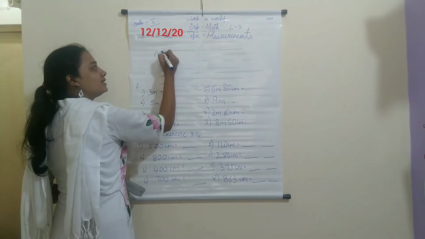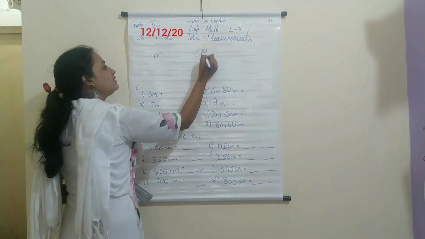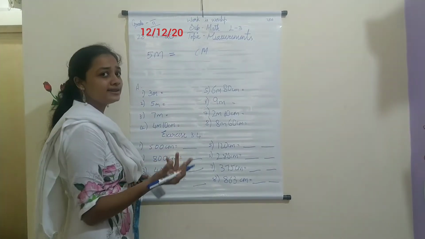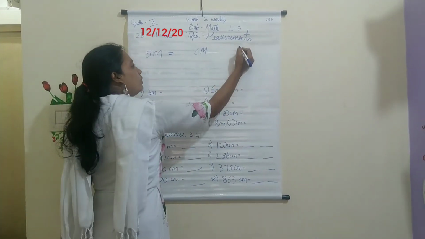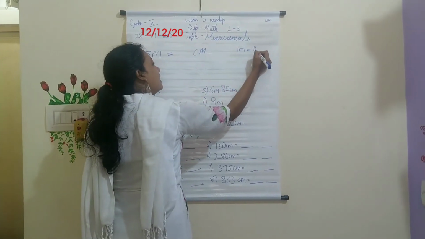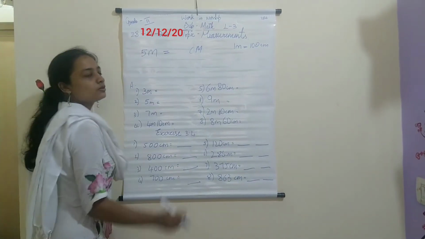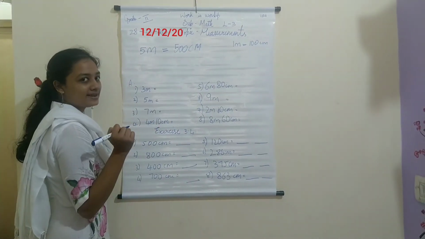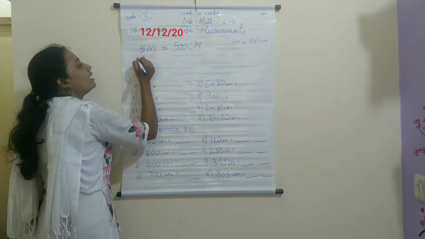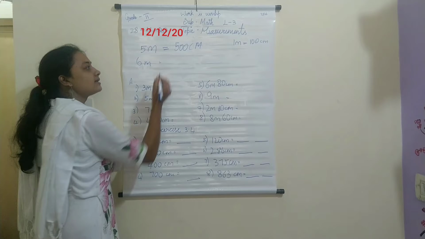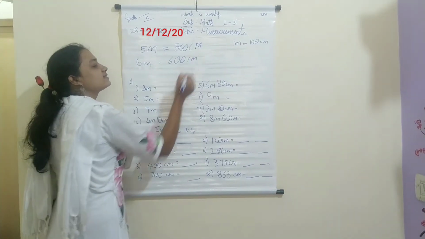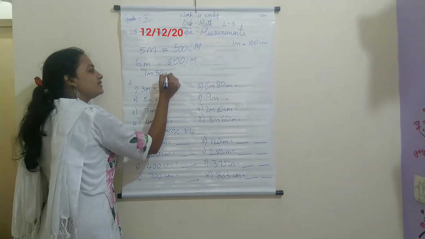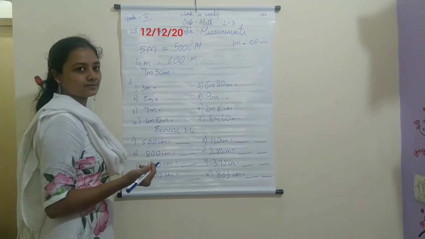I am going to have meters and we have to write it in centimeters. Example, I have 5 meters. That means how many centimeters? You all know 1 meter is 100 centimeters. So 5 meters will be 500 centimeters. 6 meters, 600 centimeters. 7 meters, 50 centimeters. How will I write this?